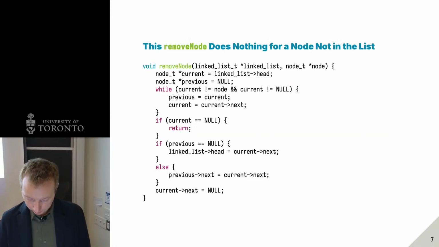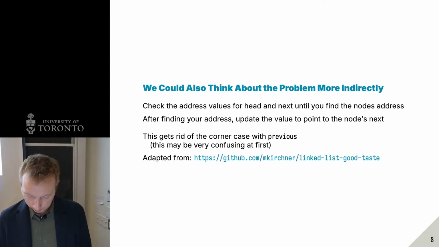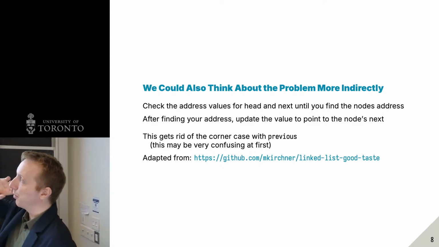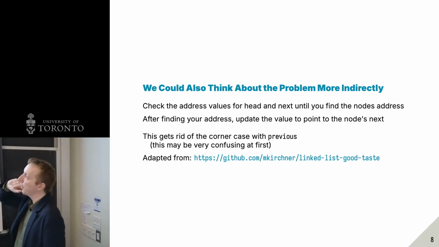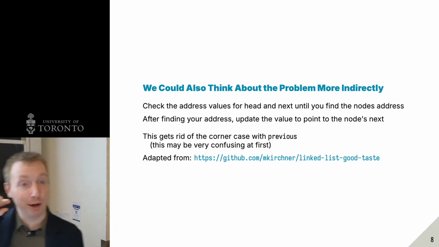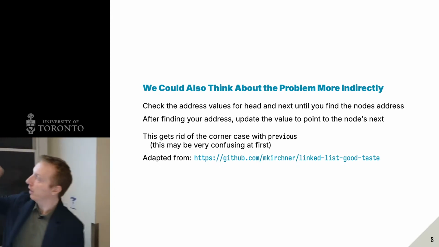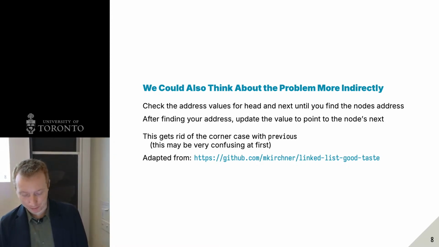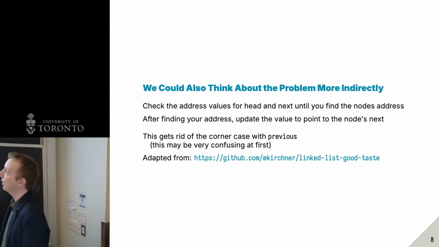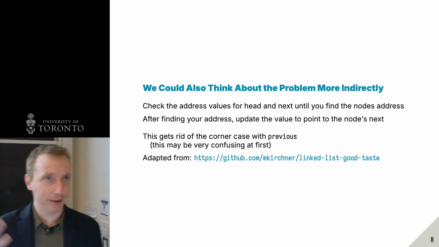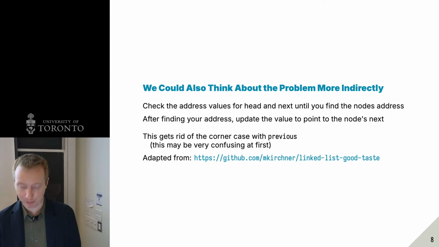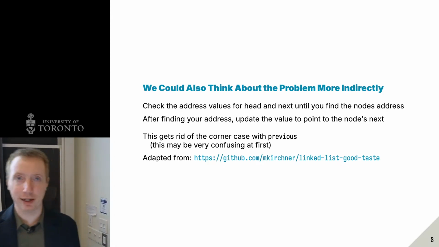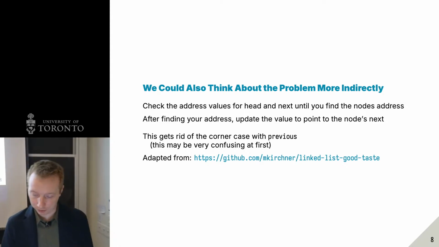So this gets rid of the corner case, but we're adding another level of pointer, which might be very confusing at first. But if you ask one of the Linux programmers, this is good taste for linked lists, because if at all possible, you should not be programming against edge cases.